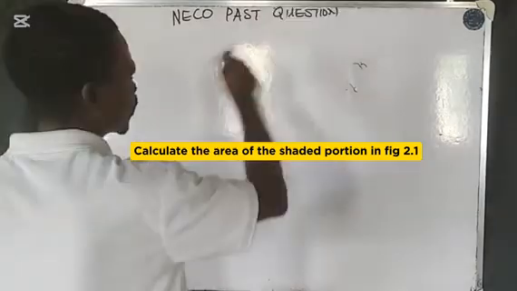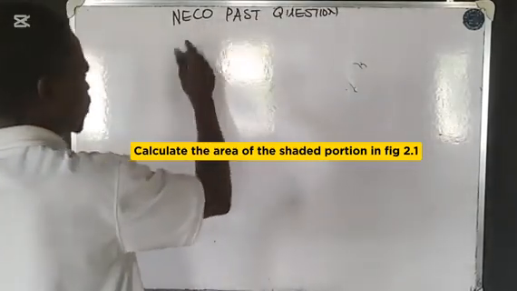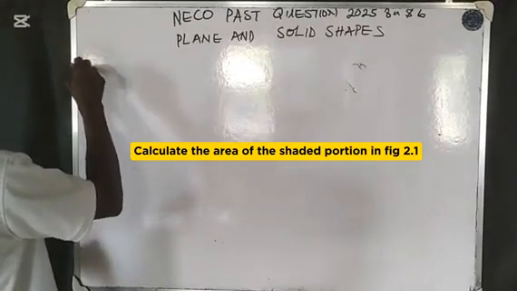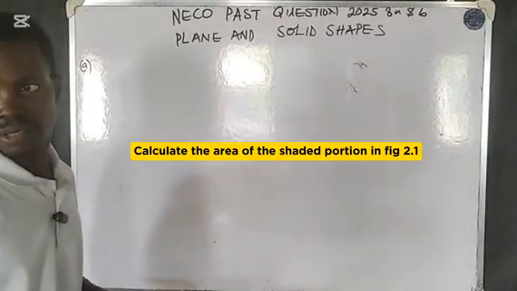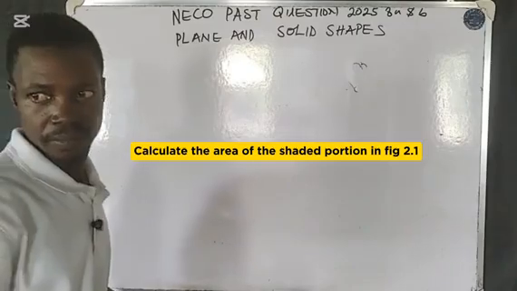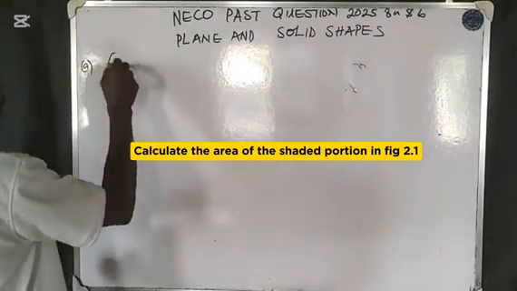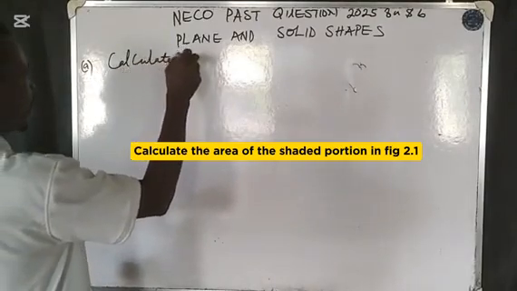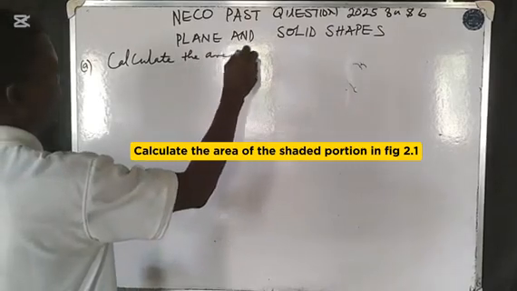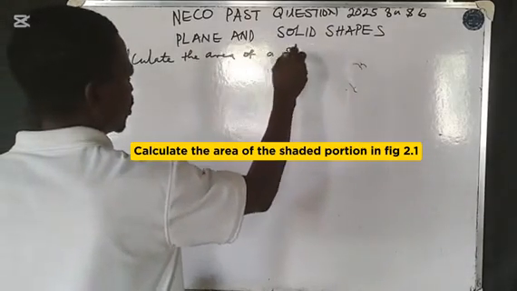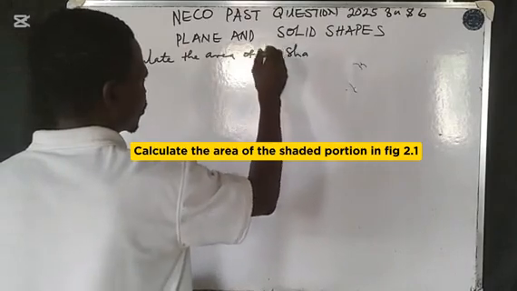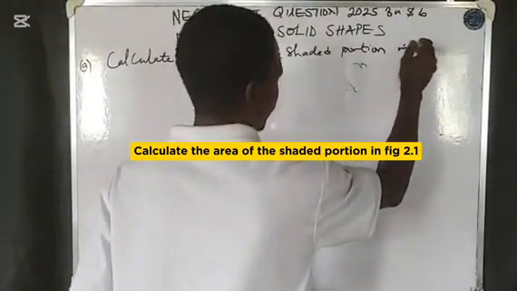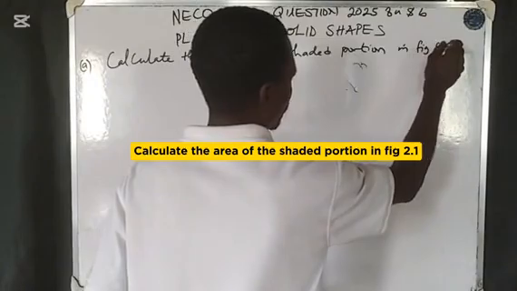NECO past question. Plane shape and solid shape. Calculate the area of the shaded portion in figure 2.1.